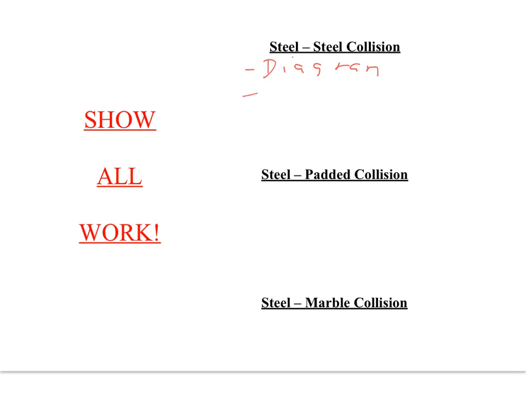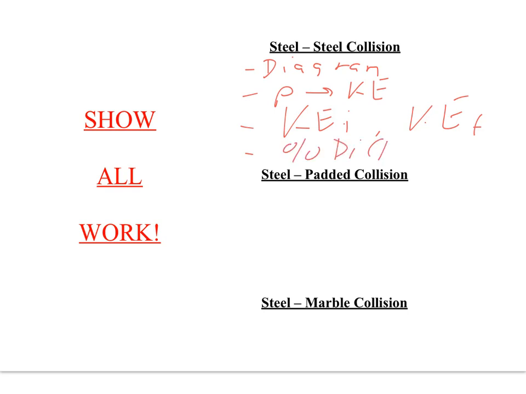You need your conversions of momentum into kinetic energy for every single kinetic energy value that you're going to use. You need the initial and the final kinetic energy values calculated, and you also need your percent difference calculation. And you're going to repeat all these things for the steel padded as well as the steel marble.